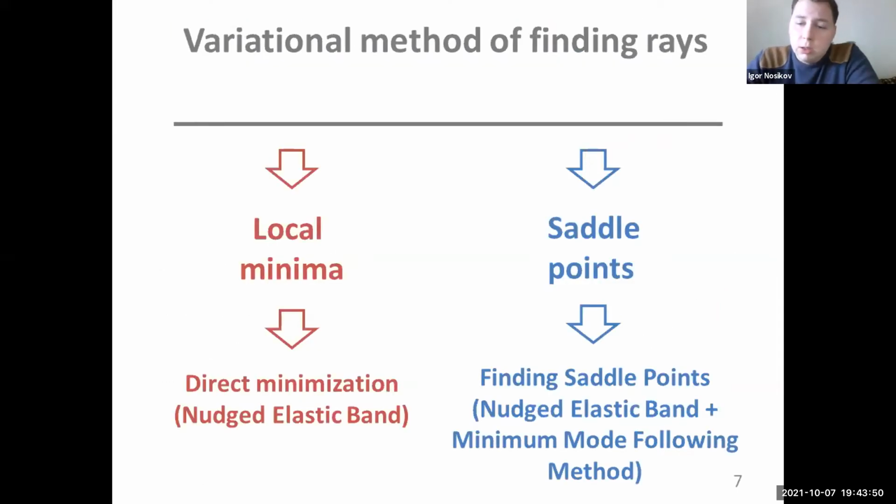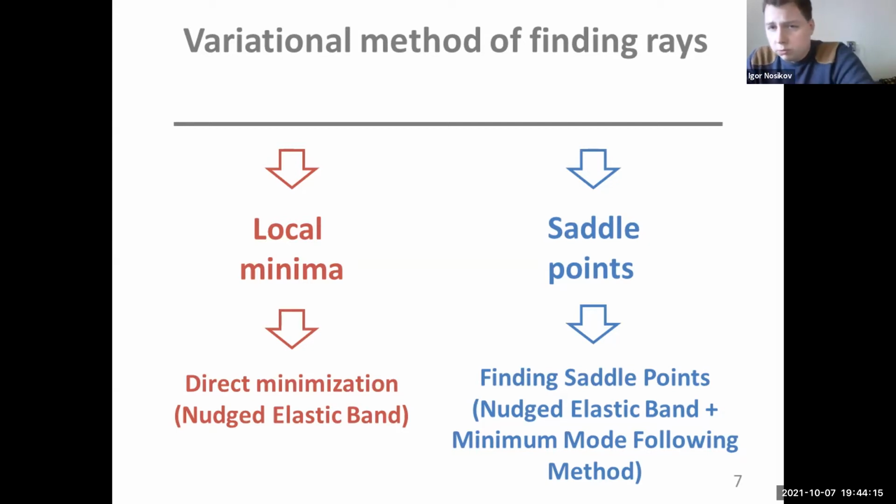As I said, we need to find all stationary points. In practice, we know that not only minima satisfy the stationarity, we also have to find the saddle points. Here, in order to find the local minima, we use direct minimization of the functional.